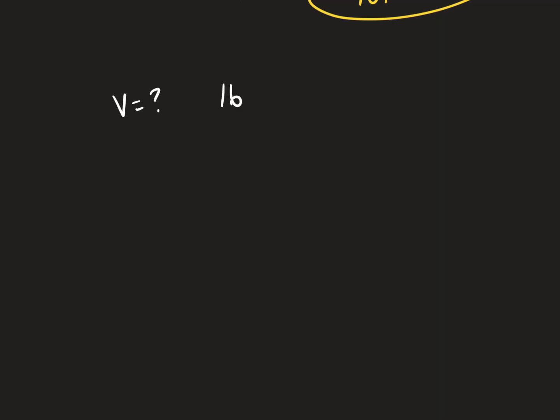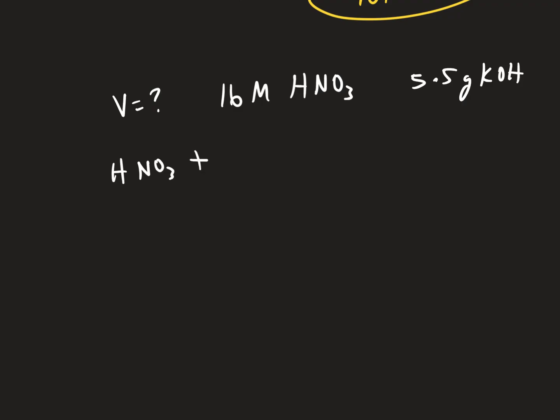We have 16 molar solution of nitric acid. We want to know how much would use to react with 5.5 grams of potassium hydroxide. According to this equation, HNO3 plus KOH gives us H2O plus KNO3.